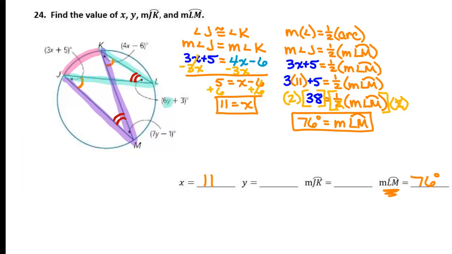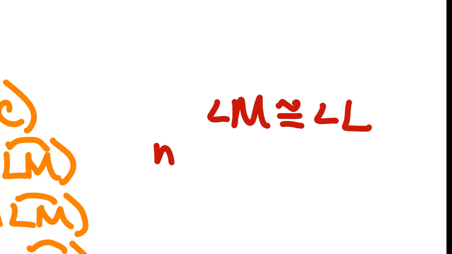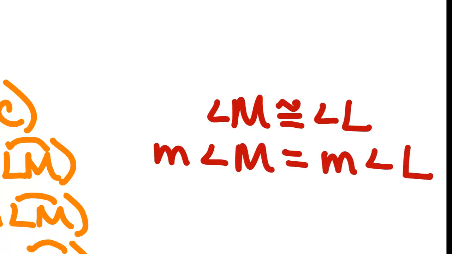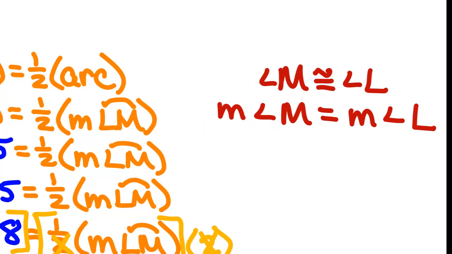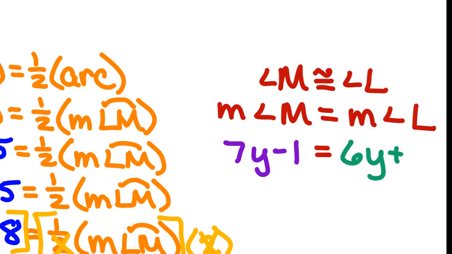So angle M is congruent to angle L. So the measurement of angle M is equal to the measurement of angle L. Angle M is 7y minus 1, sorry, not 7x, 7y minus 1, my bad. Equals, and then angle L is 6y plus 3. And we're going to solve this for y.